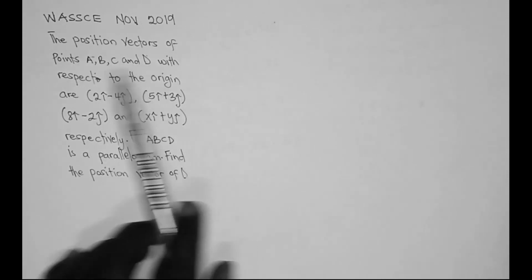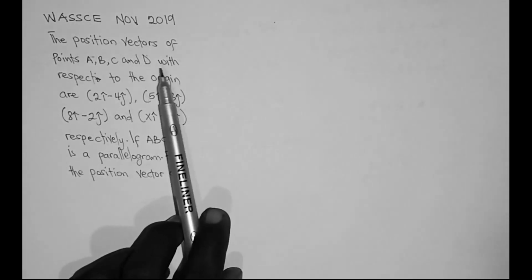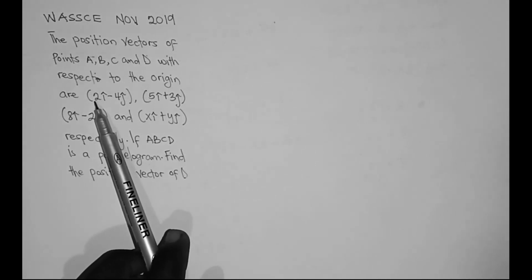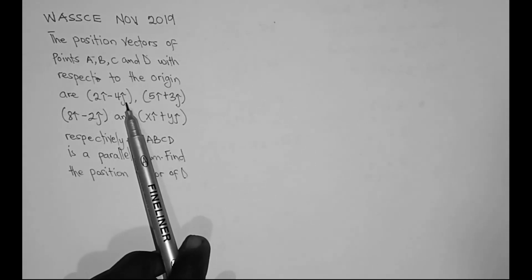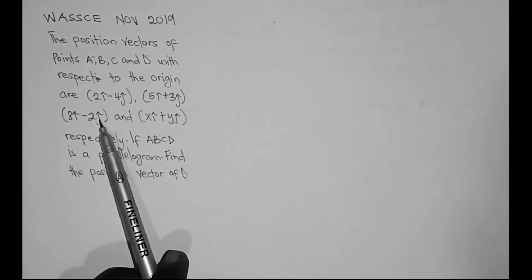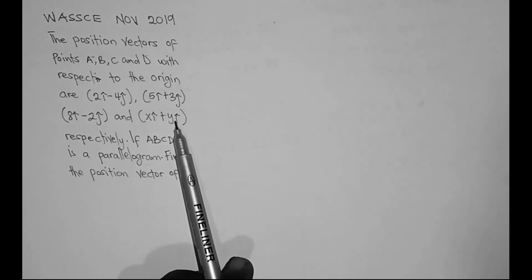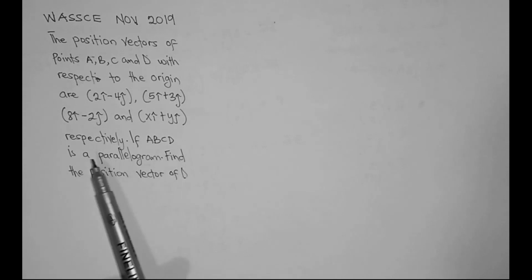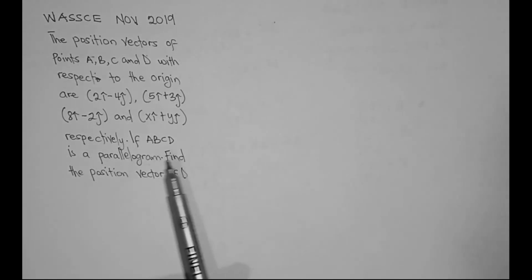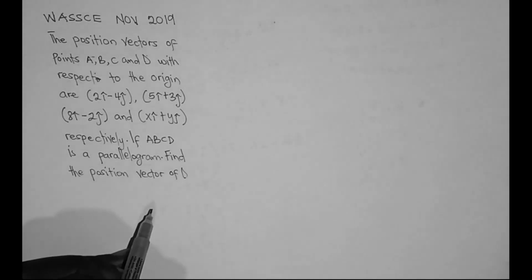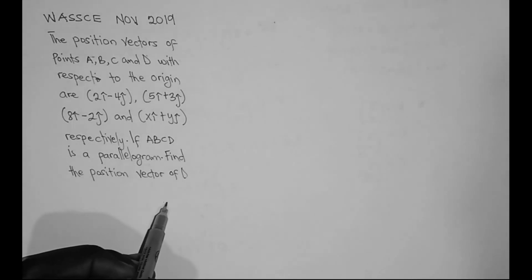The position vectors of points A, B, C, and D with respect to the origin are 2i minus 4j, 5i plus 3j, 8i minus 2j, and xi plus yj, respectively. If ABCD is a parallelogram, find the position vector of D. So let's draw a parallelogram.